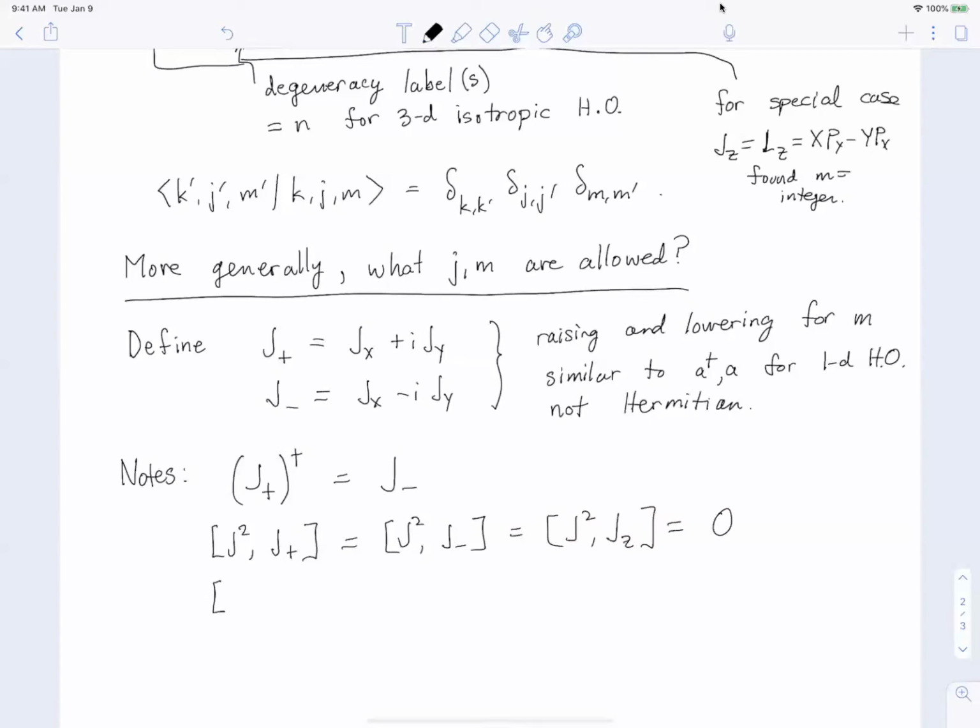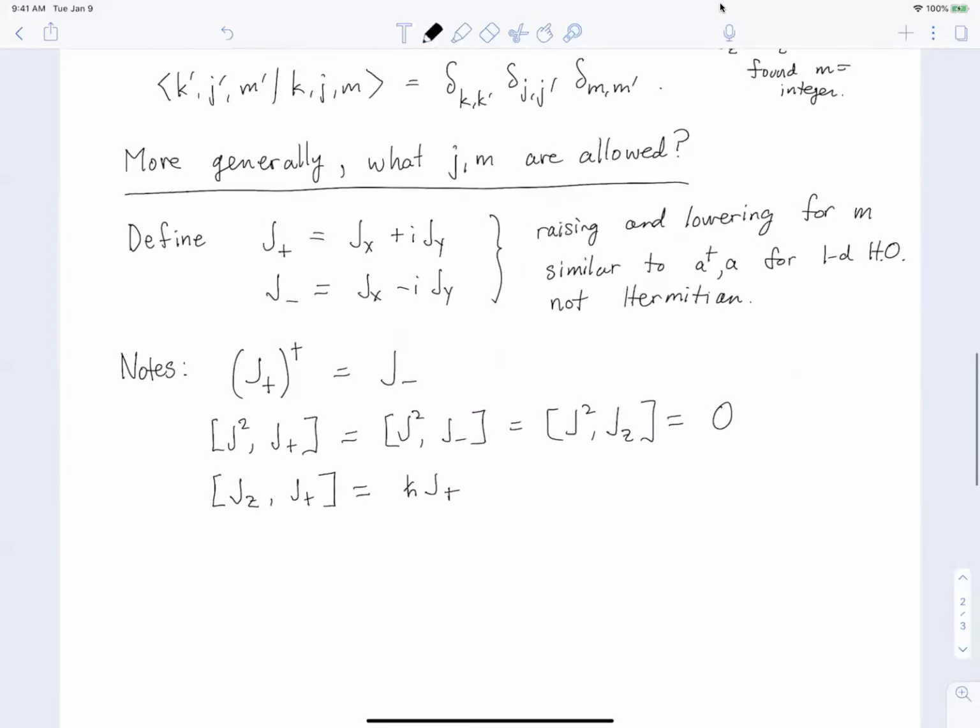You can also compute that if you take the commutator of J sub z with J plus, that's just equal to h bar J plus. That comes from the commutators of Jz with Jx and Jy. Similarly, if I take the commutator of Jz with J minus, I get minus h bar J minus.